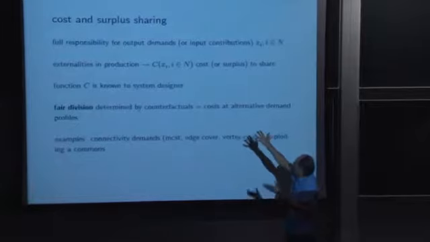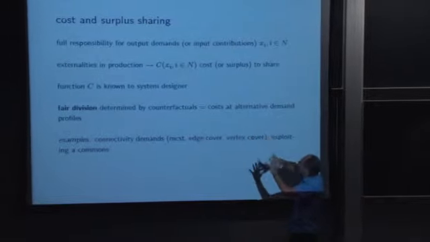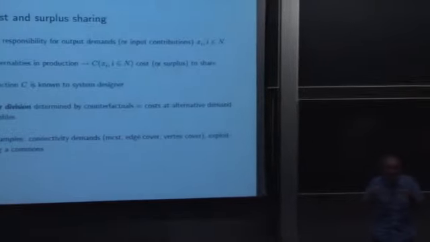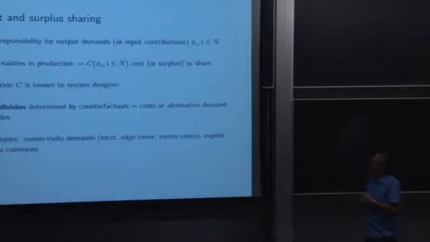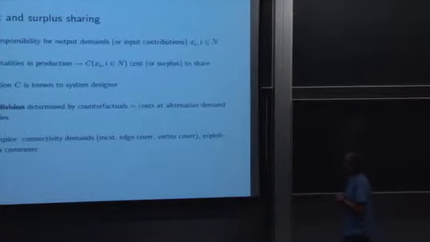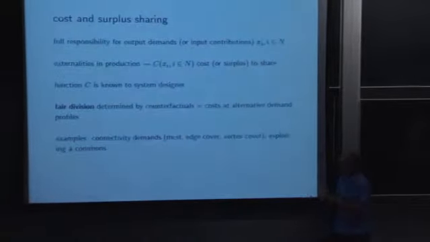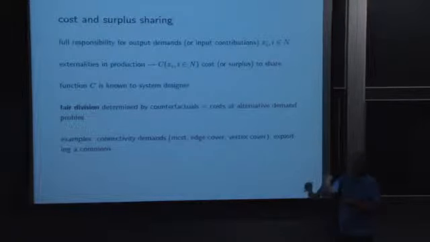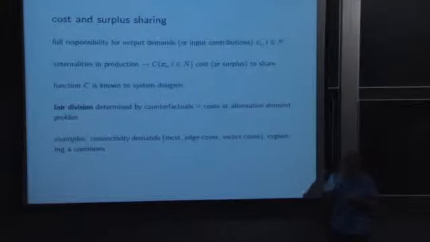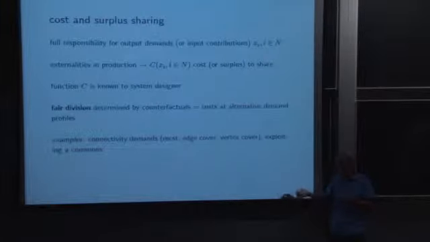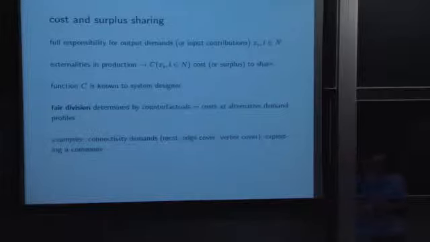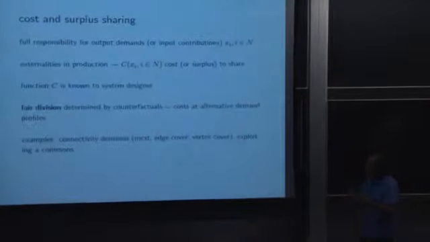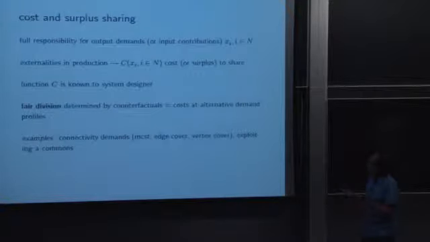But the externality, namely the complexity of how the C function depends on the various inputs, is in principle arbitrary, and therefore you have a complex situation where the increase in the demand of one person can have very negative or very positive side effects on the other participants, and we need to find a proper way to take that into account and reward them or punish them.